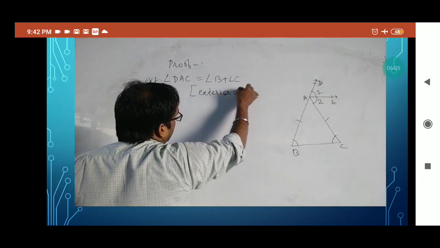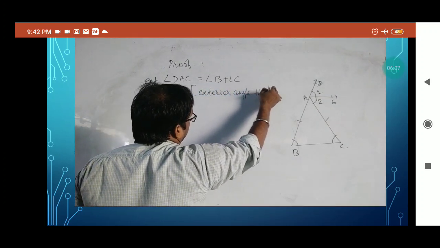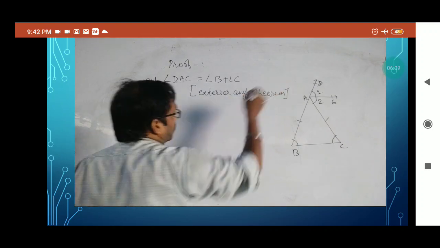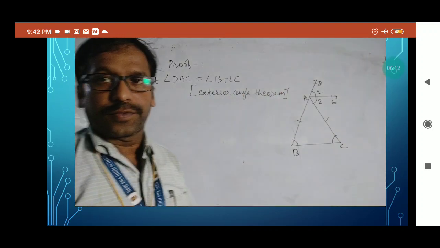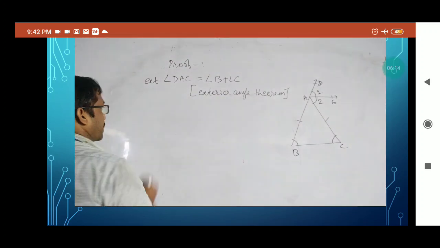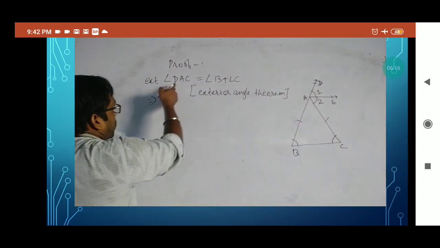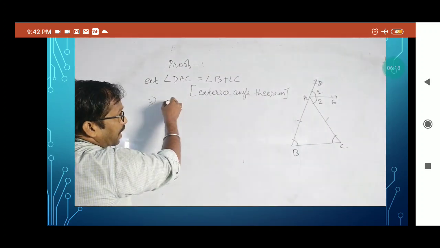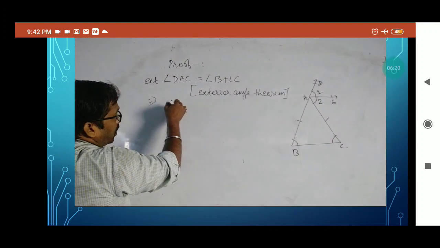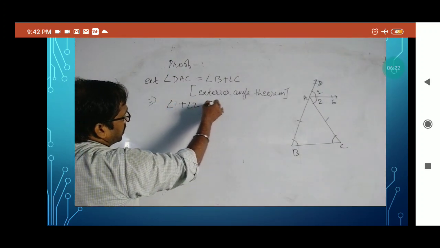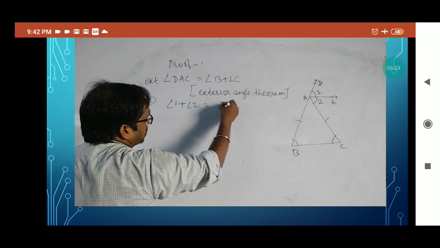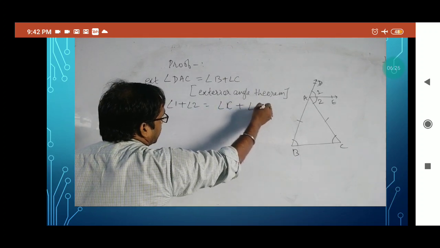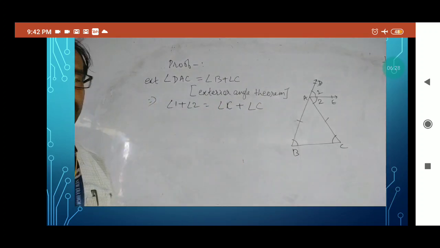Then, angle DAC is the exterior angle and AE is its bisector, so we can write DAC as angle 1 plus angle 2, and angle B plus angle C can be written as twice angle C. Why? Because angle B is equal to angle C.